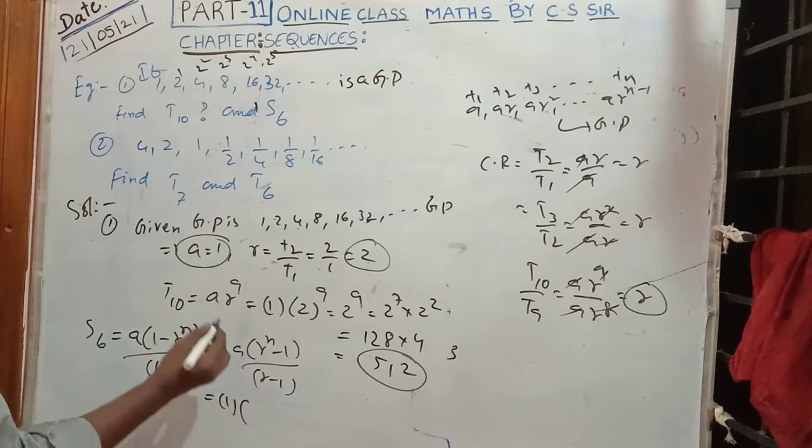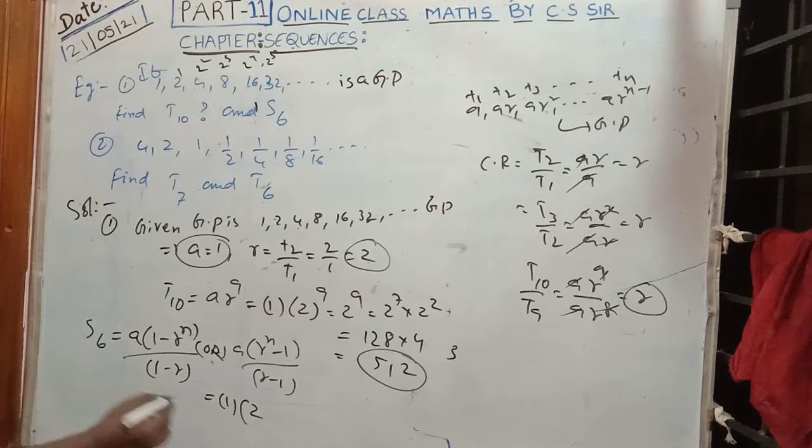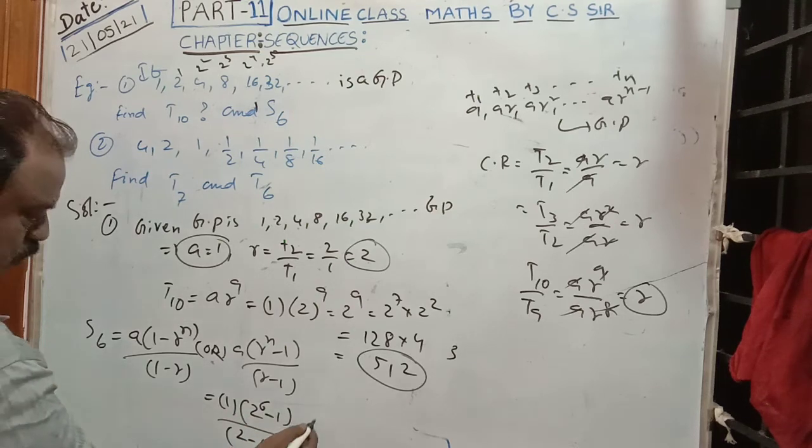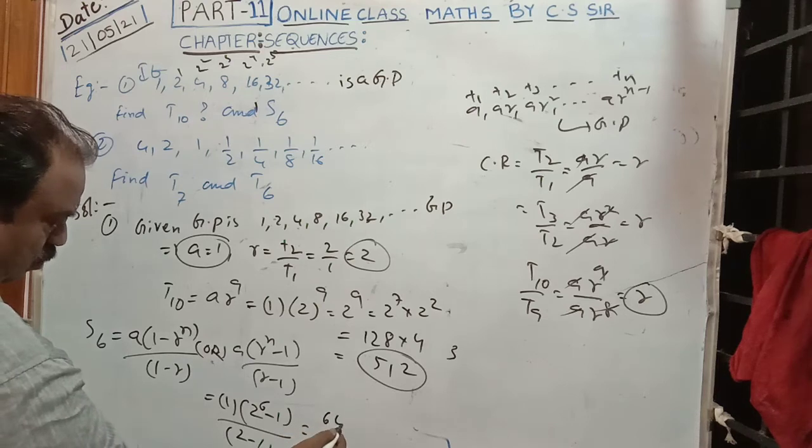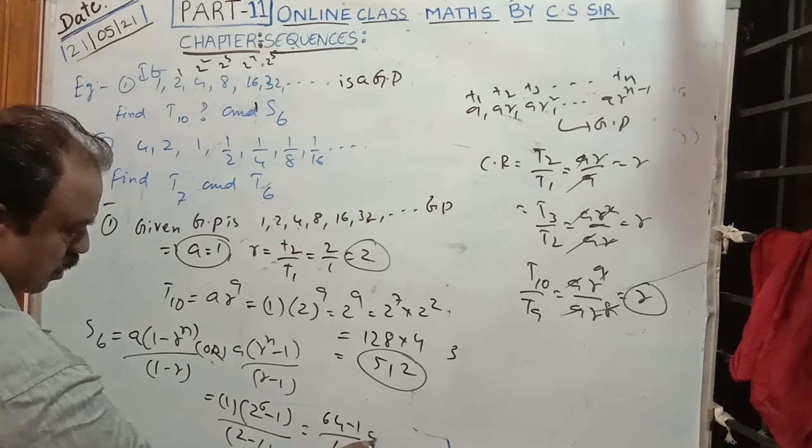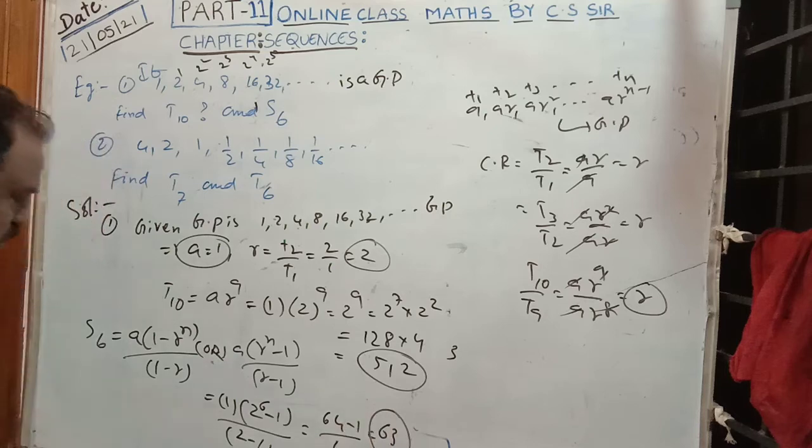A is 1, R is 2, n is 6, so 2 power 6 minus 1 by 2 minus 1. 2 power 6 is 64, minus 1 by 1, it is 63. So the sum to 6 terms is 63.